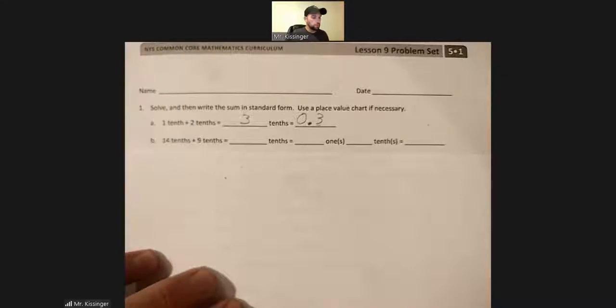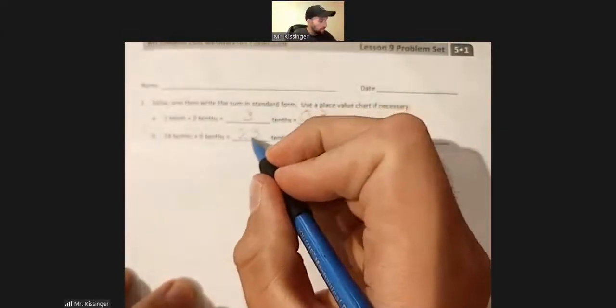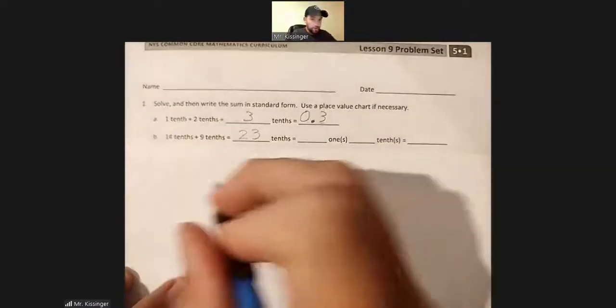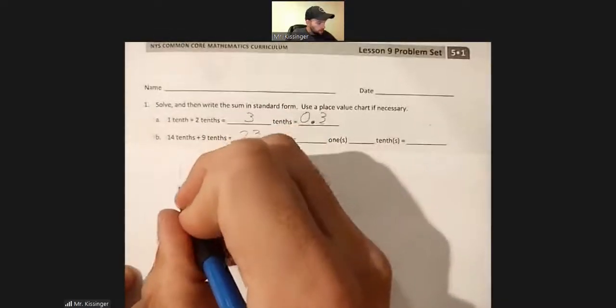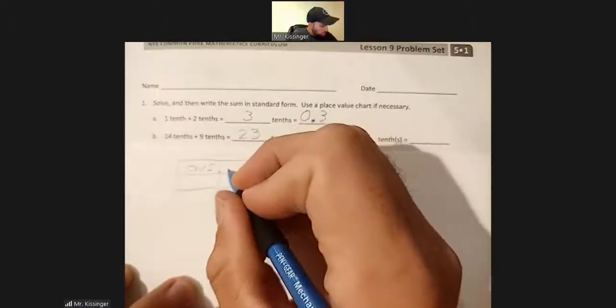So next we have 14/10 plus 9/10 equals blank. So 14 plus 9 is 23. So we have 23/10. And what that would look like in a place value chart is we would draw our ones, tenths.